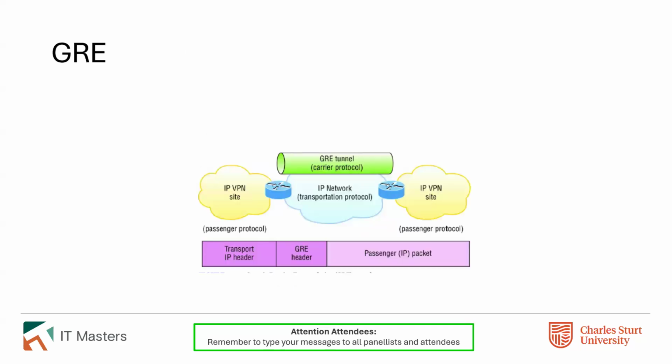Another form of connection is called GRE, GRE tunneling, generic router encapsulation. It's an unencrypted VPN. It's essentially a way of tunneling traffic over an internetwork between two sites using nothing more than IPv4 traffic.